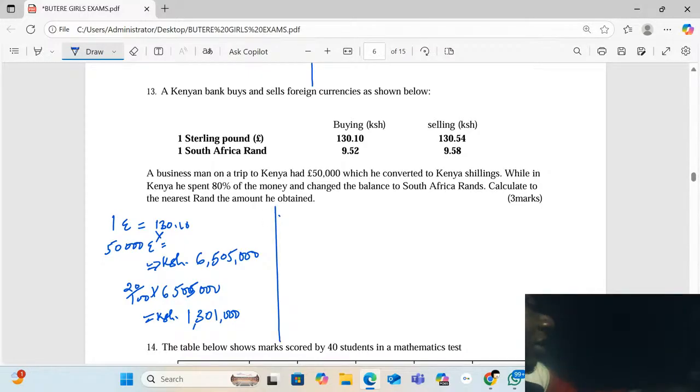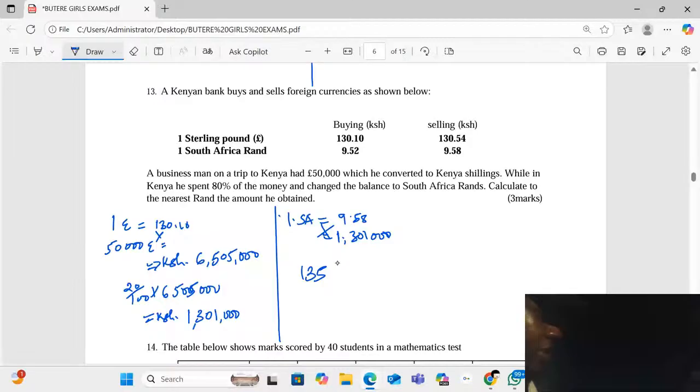The South African rand was being sold at 9.58. What about now the 1,301,000?